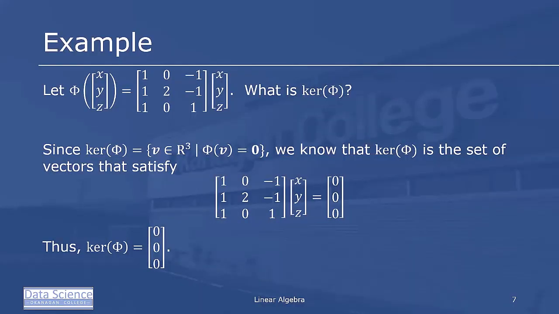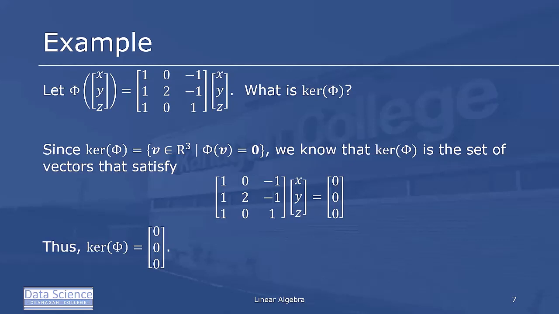Here's an example. We'll let phi be the transformation that maps vectors x, y, z to the product of the matrix [1, 0, -1; 1, 2, -1; 1, 0, 1] times x, y, z. What's the kernel? Well, the kernel is the set of things that map to 0.